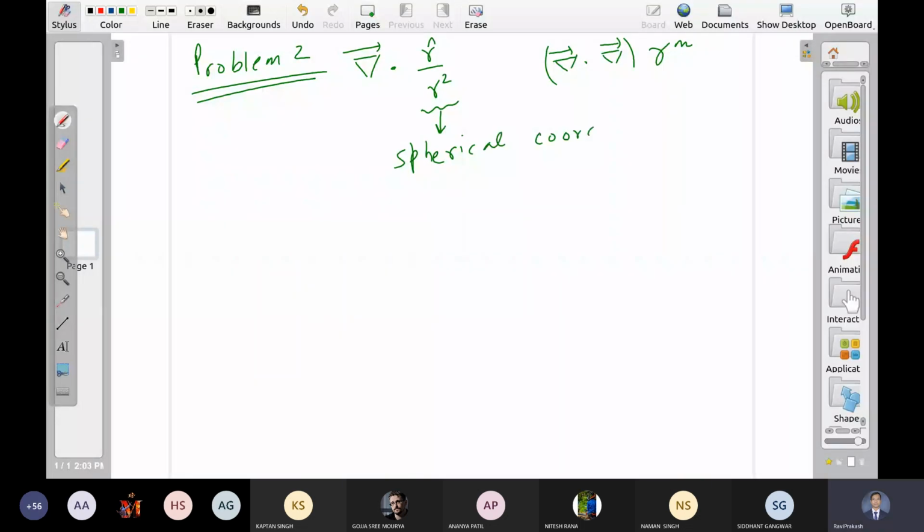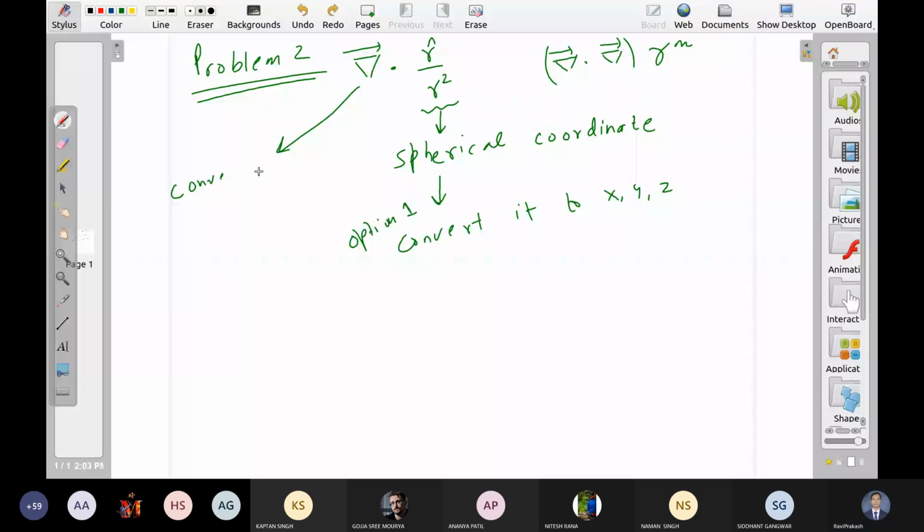So you have two options, either convert it to xy, or second is not convert, I mean, write divergence in r theta phi, right? So you can choose whatever you want.